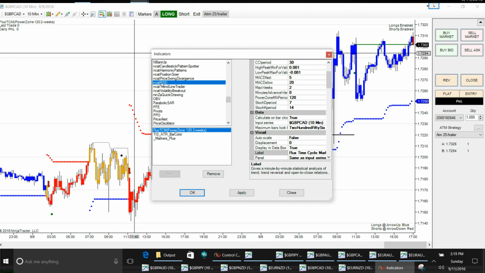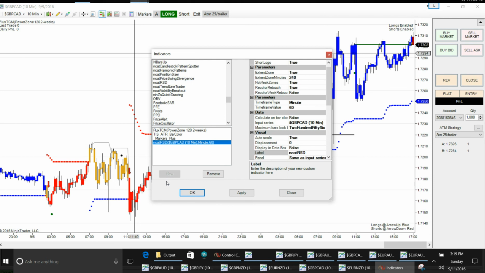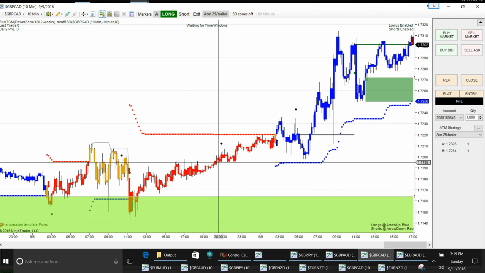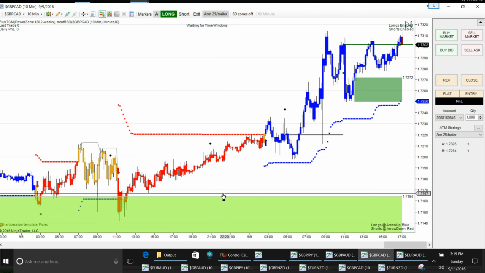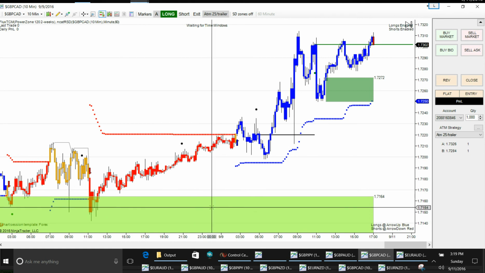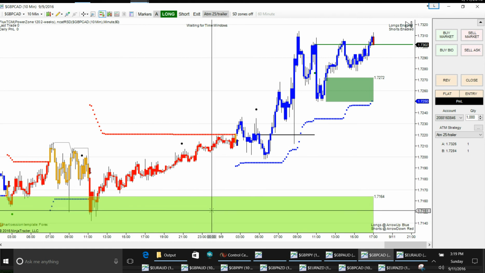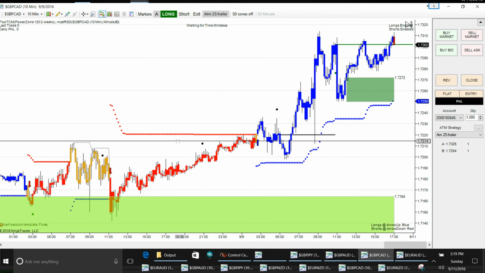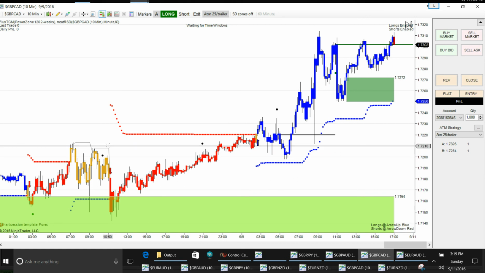So I had to reset all my charts because my computer erased a lot of my settings. I had to do everything all over again. Okay. Yeah, supply and demand zones. This one's on longs as well, but you can see the choppiness. And I've got to wait for the power zone to come in because the market's not open.